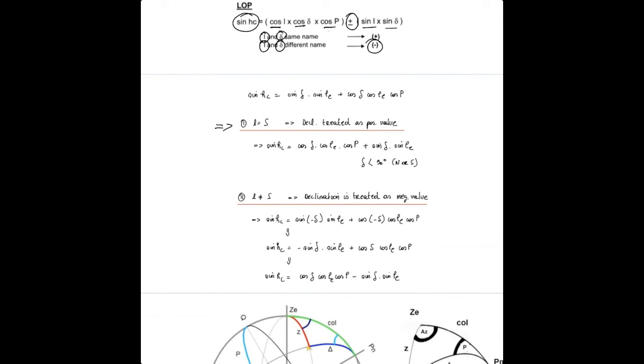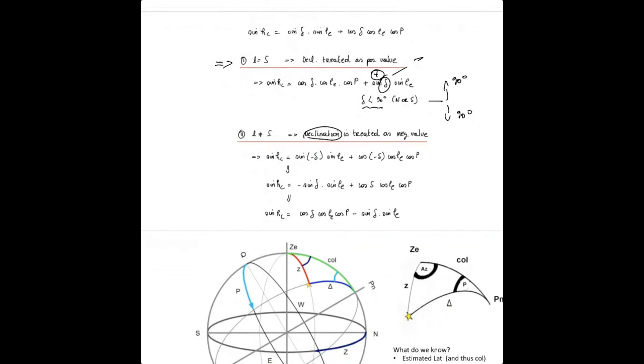Latitude and declination have the same name, then the declination is treated as a positive value. Declination is always smaller than 90 degrees. It goes from 0 to 90 degrees to the north, up to 90 degrees to the south. If the declination is treated as a positive value, you know when the angle is between 0 and 90 degrees that this will always be positive, so you will have to add.